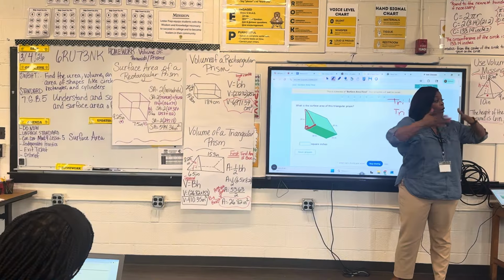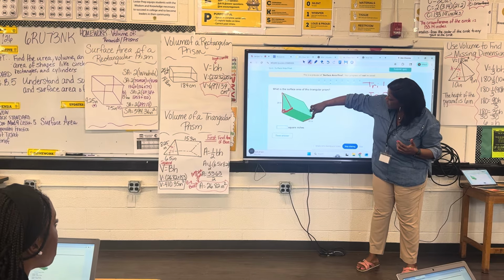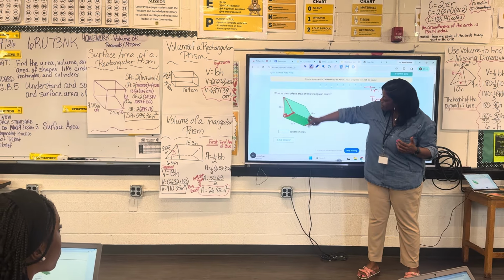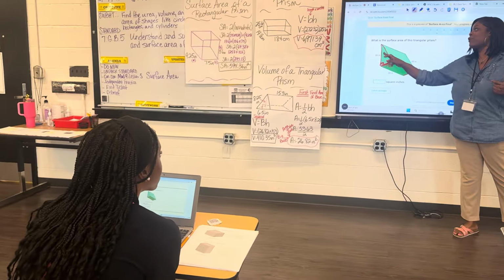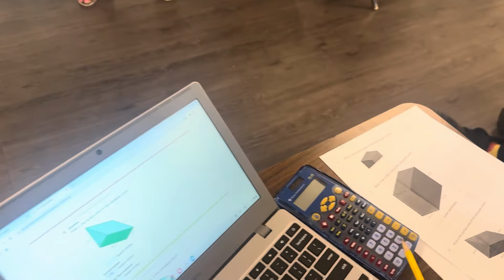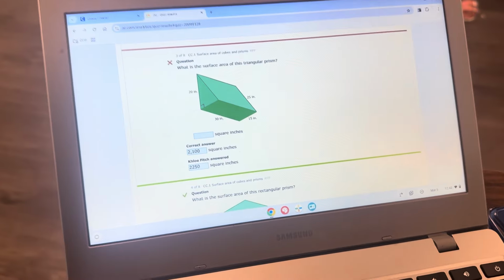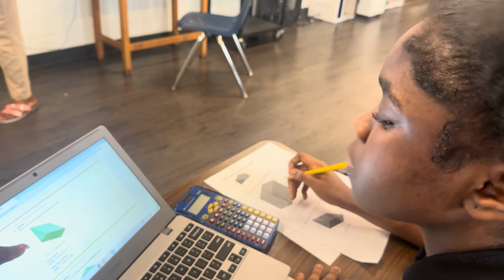No. Remember, a rectangle is congruent on both sides. So if it's 15 here, what is it on this side? 15. So that means my base for my triangle is also 15. We can't forget that part. I'm almost 100% certain that's where you went wrong. Do you see your mistake now? Now I'm going to find the area of that triangle.